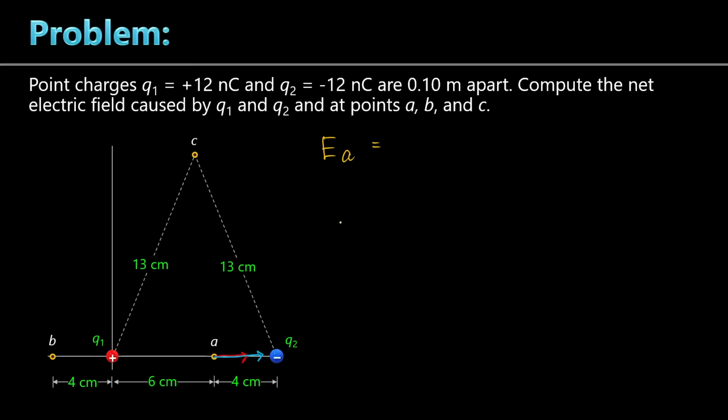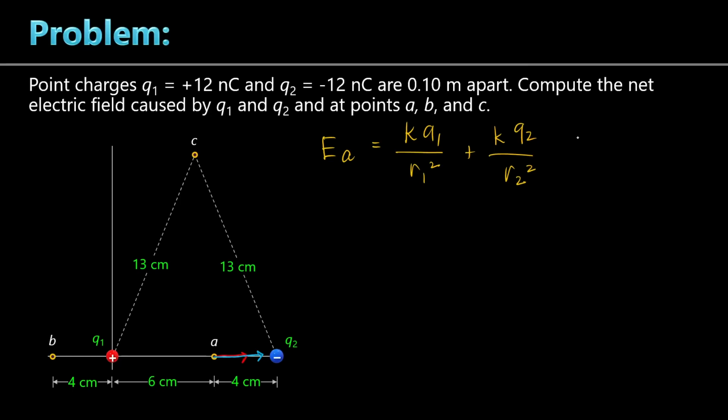Kaya i-add mo lang sila. Since point charge yan, gamitin natin yung formula ng electric field ng point charge. That's K Q1 over R1 squared plus K ulit, this time Q2 over R2 squared.